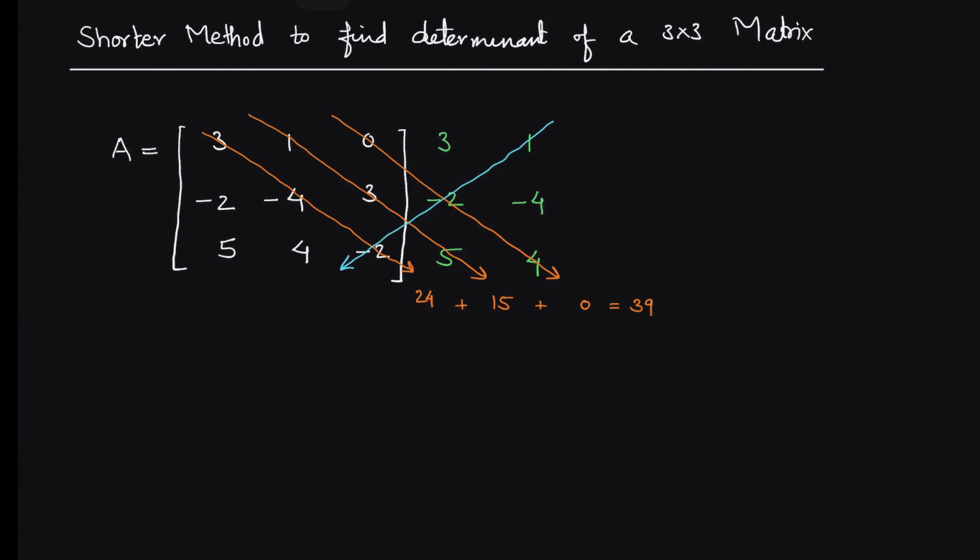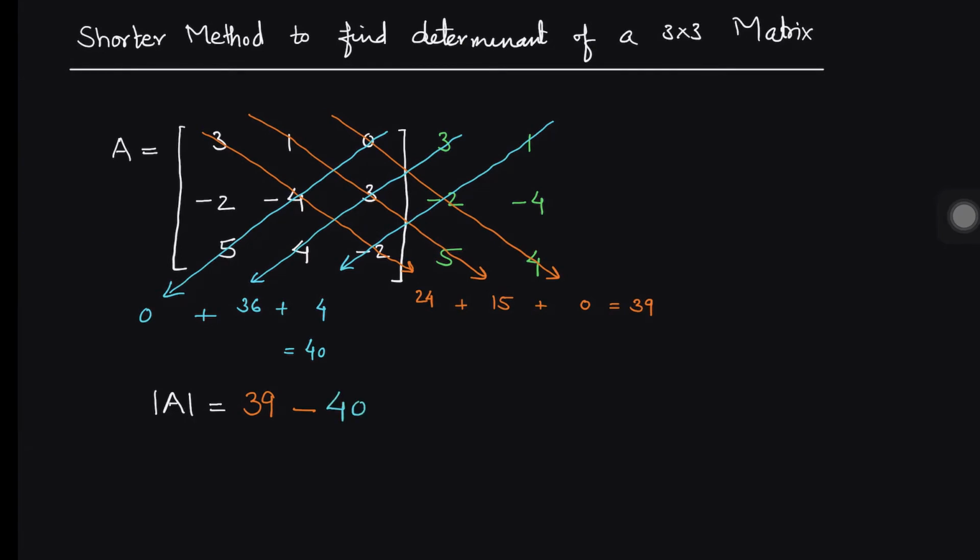Multiply them, you will get 4. Multiply these numbers and multiply these numbers, you will get 0. So add these numbers, you will get 40. Now the determinant of the matrix A is this number minus this number. So determinant of A is minus 1.